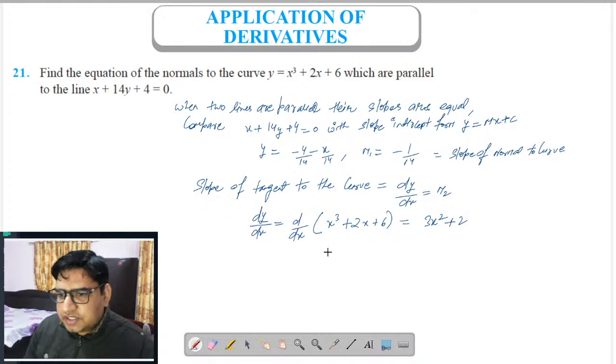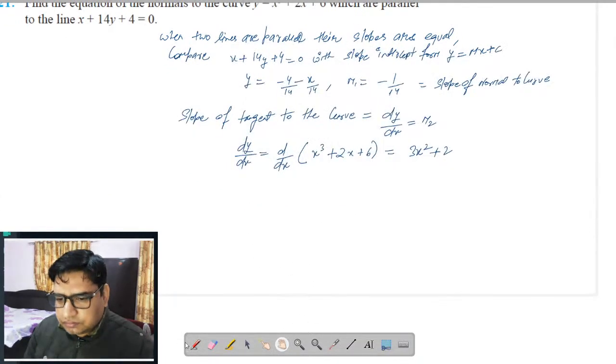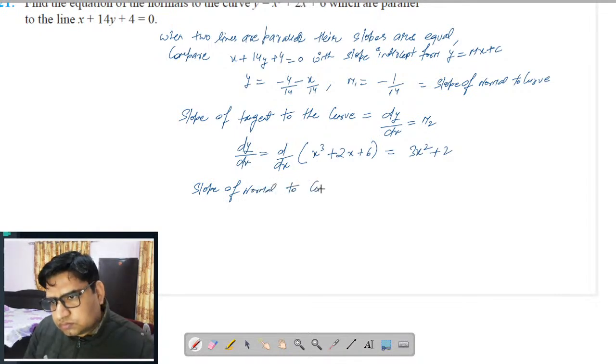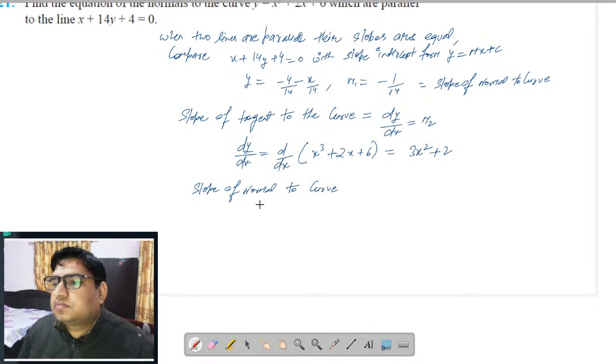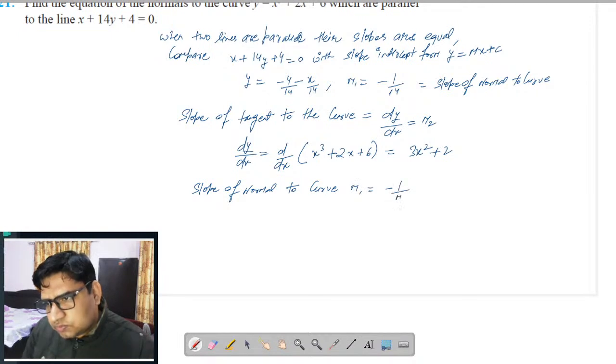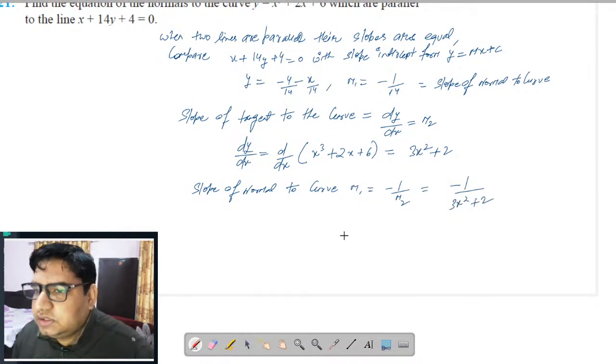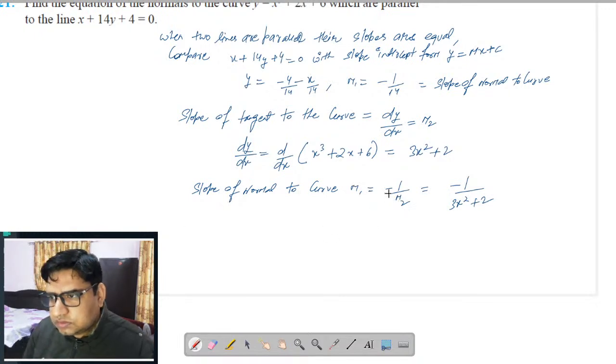Okay, and what we need to do here is we need to find the slope of normal to the curve, which is m1 is equal to minus 1 upon m2. So that is minus 1 upon 3x square plus 2. Okay, and this is equation 1, this is equation 2.